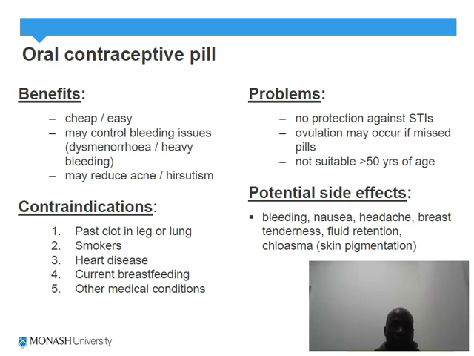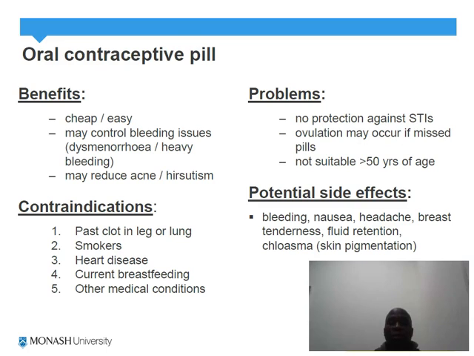Smokers must not use such a pill. Women with heart diseases must avoid it, as well as those currently breastfeeding, and other medical conditions. So it's important that women who belong to these categories must not use OCP.